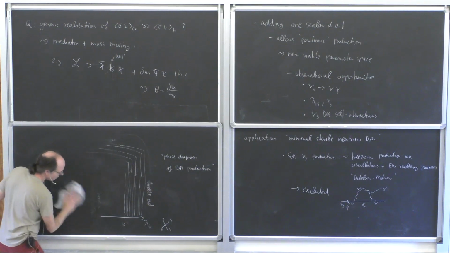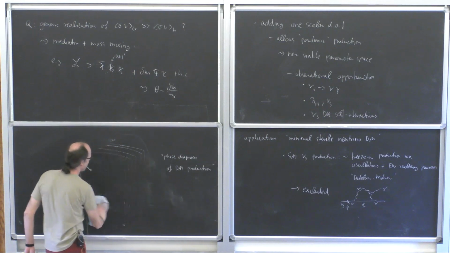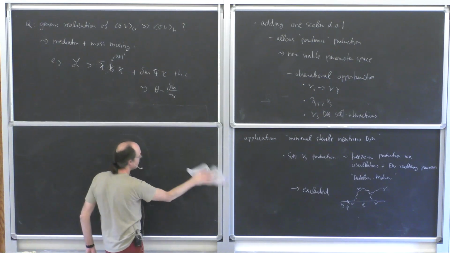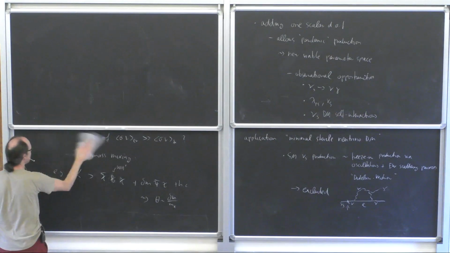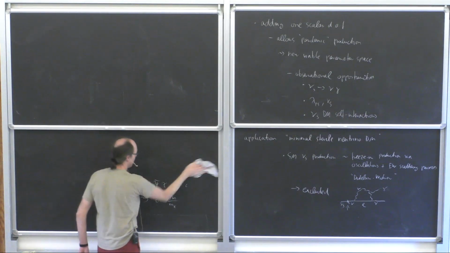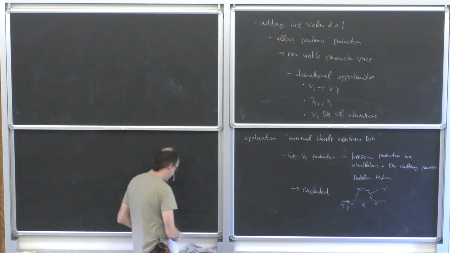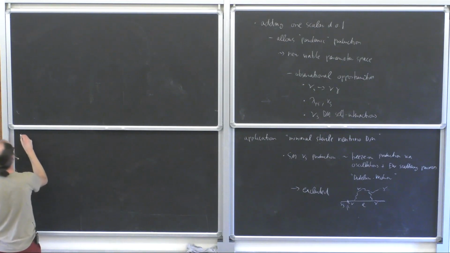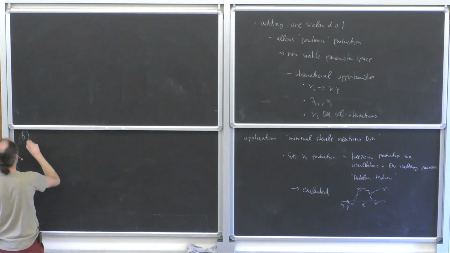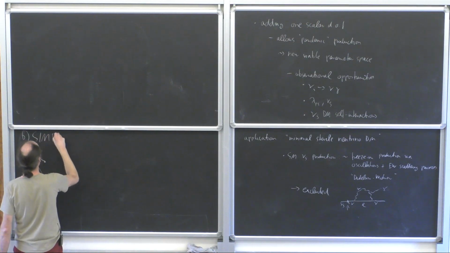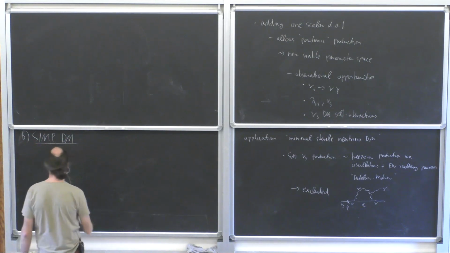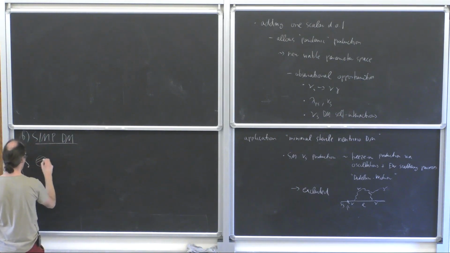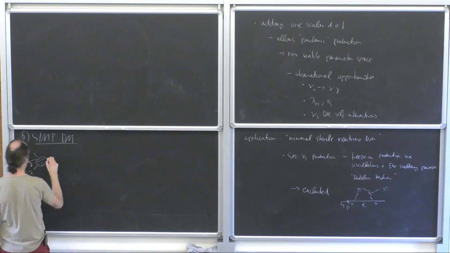Okay, so the next thing I wanted to talk about is this SIMP dark matter, strongly interacting dark matter. So just to remind you, we have a diagram like that.